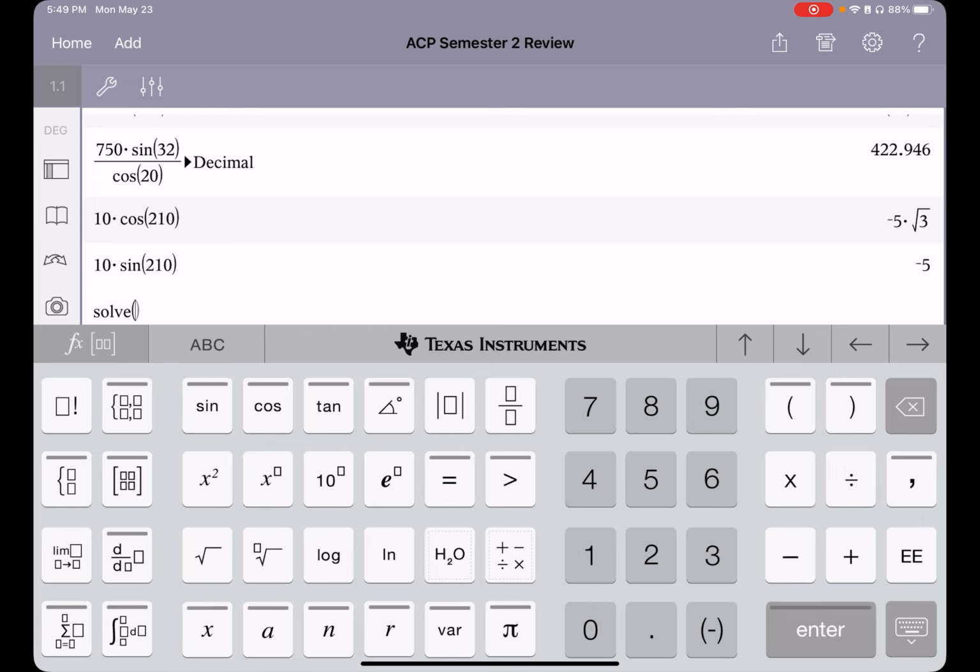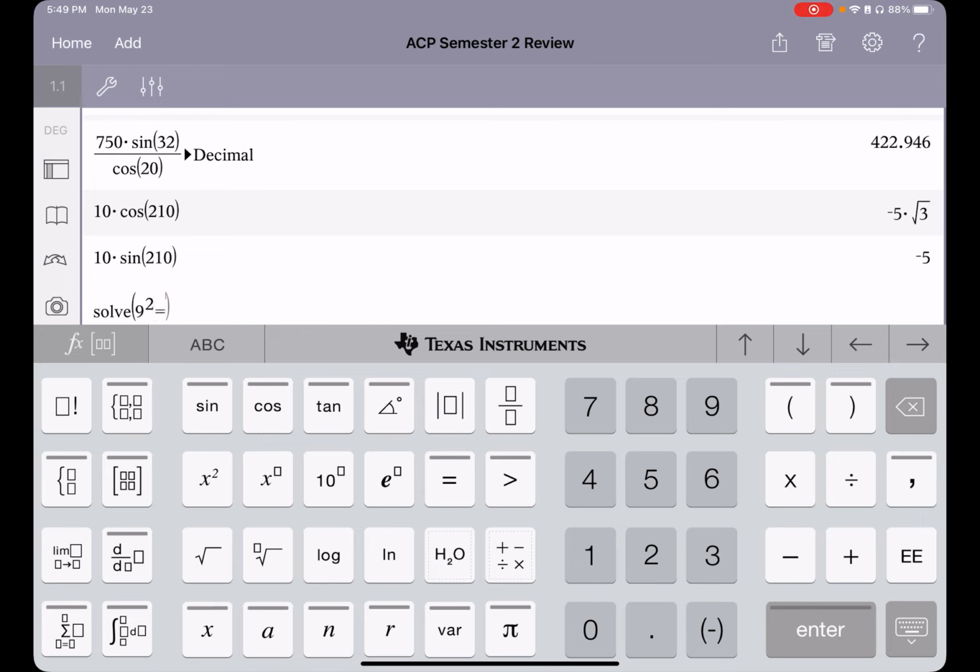And then you're going to type this exactly how you see it. So 9 squared equals 8 squared plus 12 squared minus 2 times 8 times 12 times cosine of O.